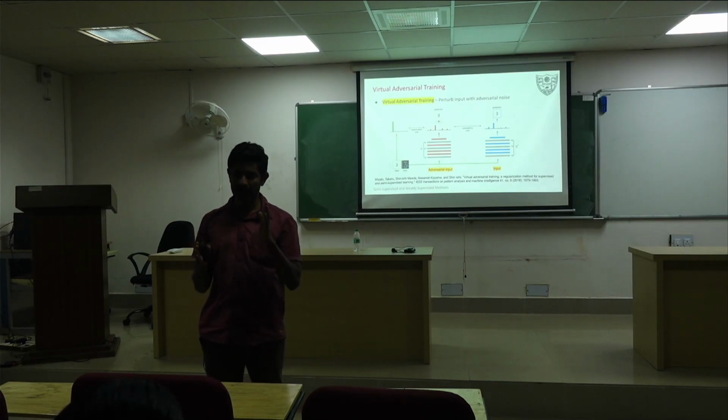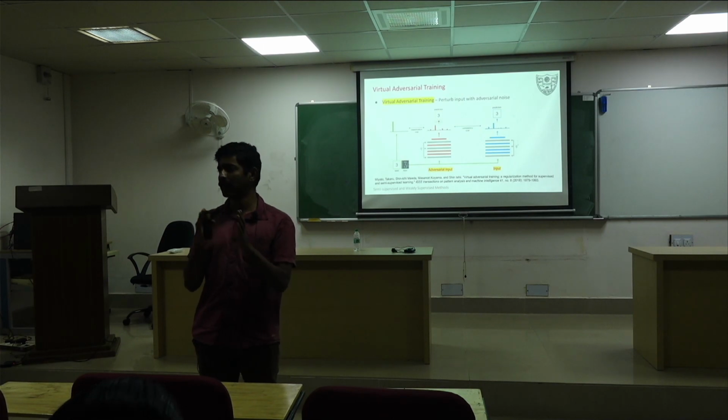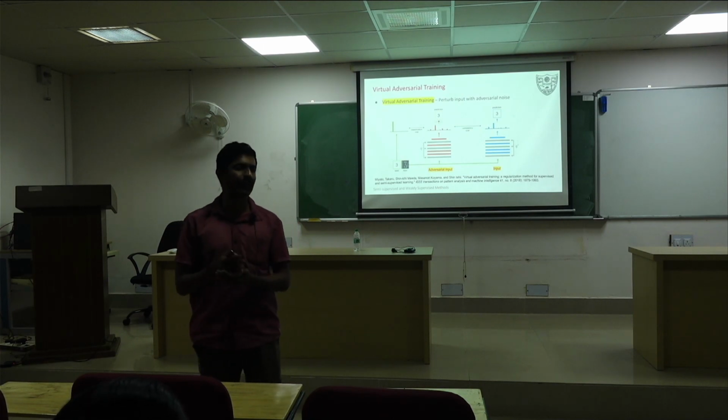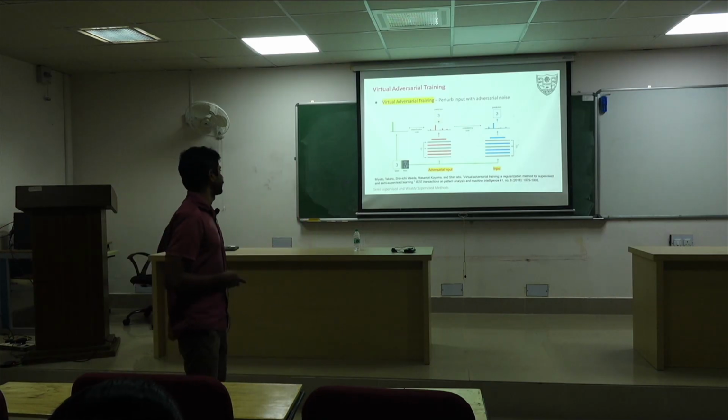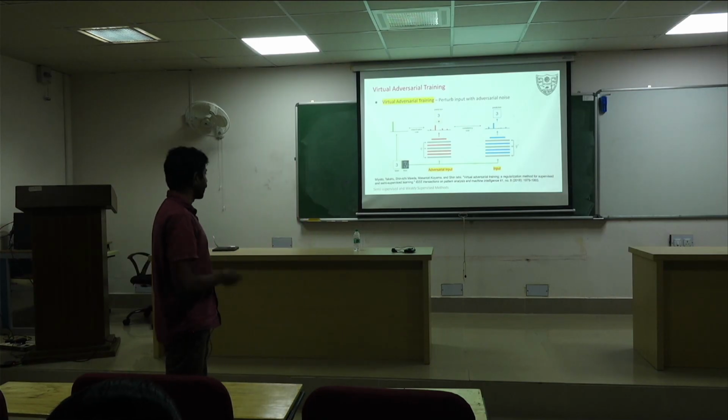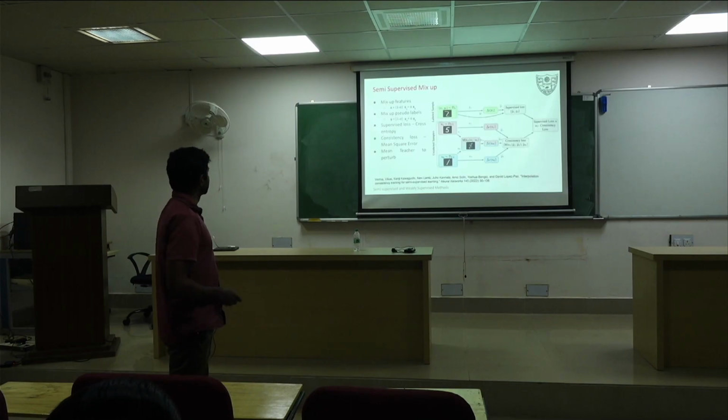The input gives you one output, and the input perturbed with the adversarial noise gives you another output. These two outputs need to be the same, and you try to minimize the mean square error there. So that's virtual adversarial training.